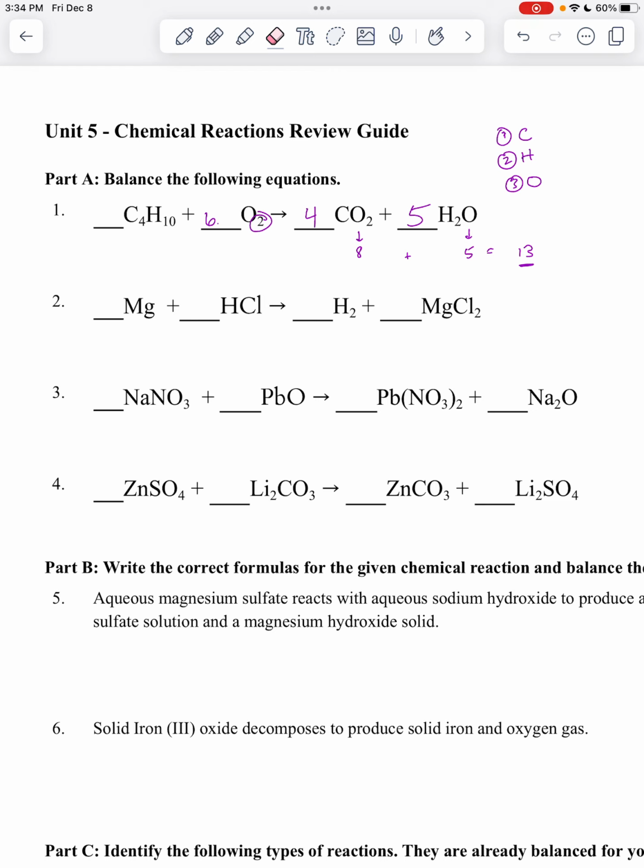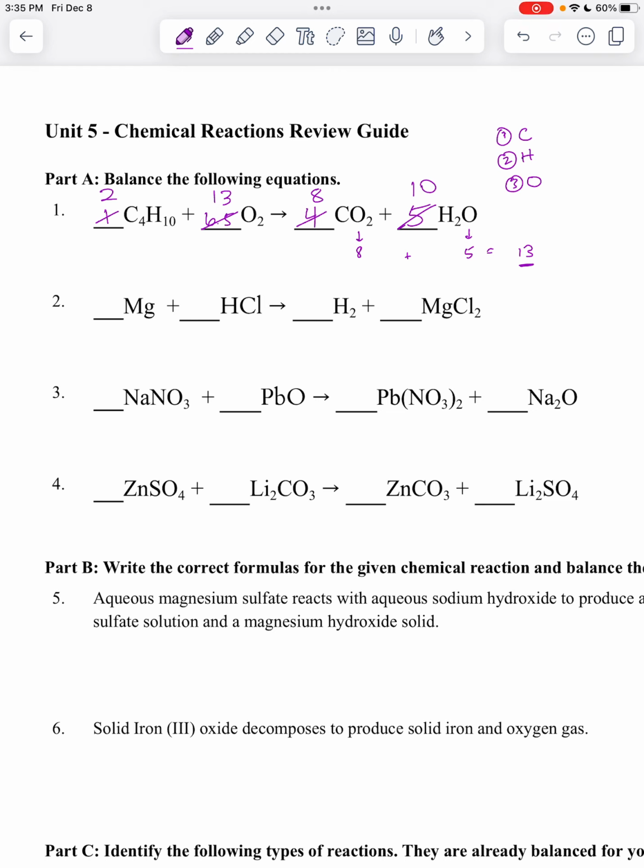Now, knowing that we can't do that, what our fix is, since everything happens in a ratio compared to one another, we just have to make sure that we multiply everything by 2 to change it to a whole number. And the reason why we don't just change that is because, again, everything happens in a ratio. So that 1 that we had there goes to a 2, and this goes to an 8, and this goes to a 10. So those top coefficients are actually what those balanced things are.